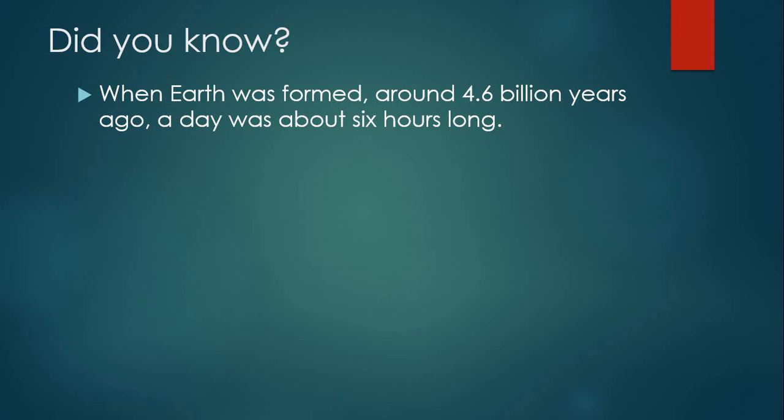Now, an interesting fact about Earth. When Earth was formed around 4.6 billion years ago, a day was about 6 hours long. Now it is 24 hours long. That means the speed of the spinning of the Earth was much more.